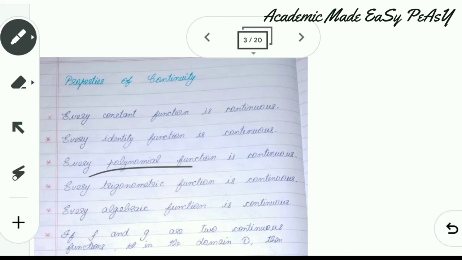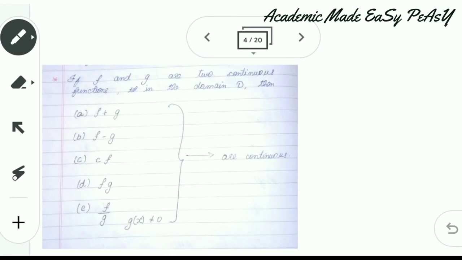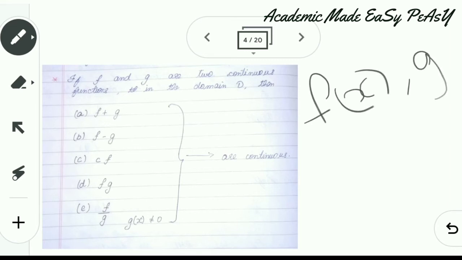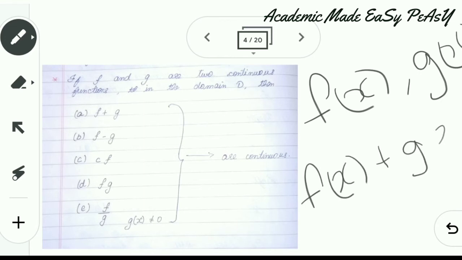Next, if f and g are two continuous functions, let's say f of x and g of x, are continuous in the domain D, then f plus g, that is f of x plus g of x, is continuous.